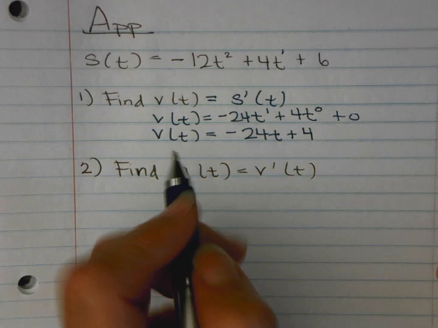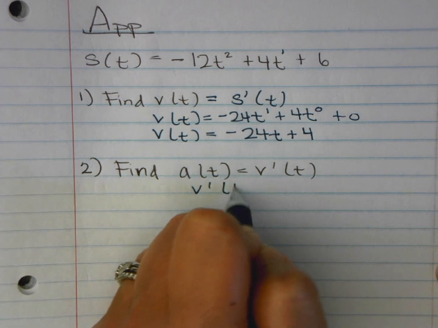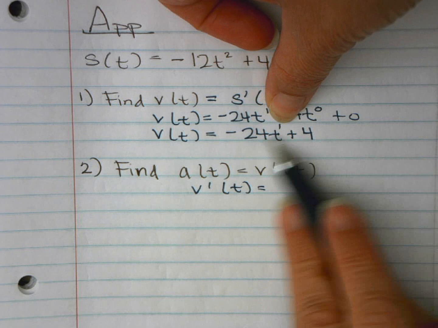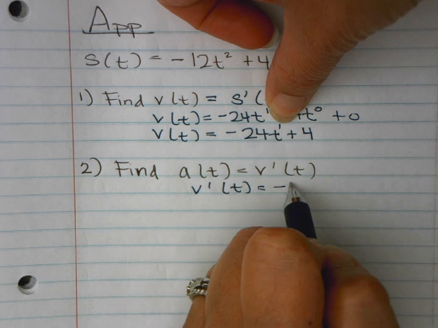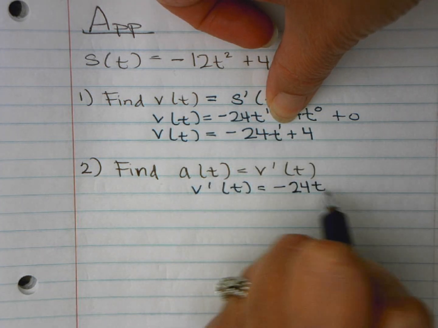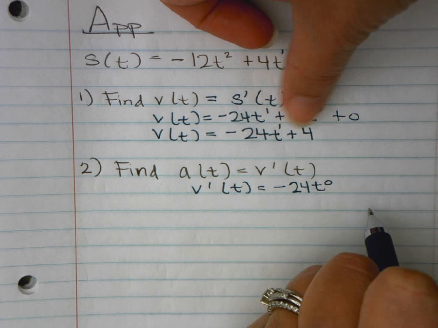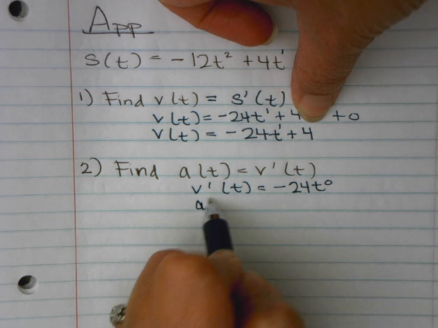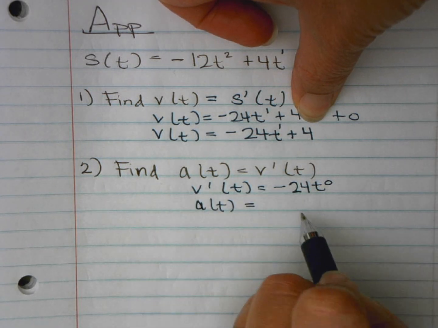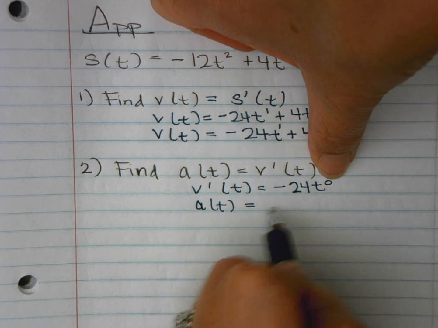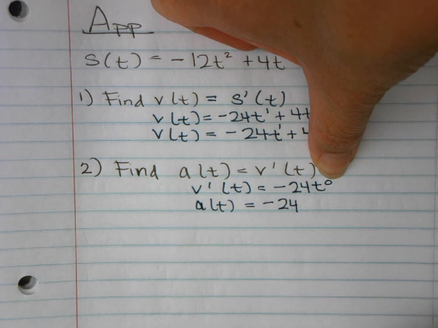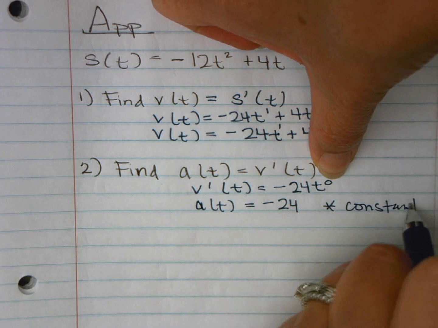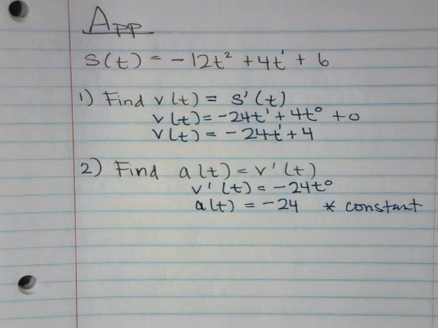There's an implied 1 here, so negative 24 times 1 is negative 24. And then subtract 1 off the power, so that'd be 0, and the derivative of the constant is 0. So a of t would be t to the 0, which is 1, times negative 24, so that would be negative 24. So we would say acceleration is constant, right, because there's no variable attached.